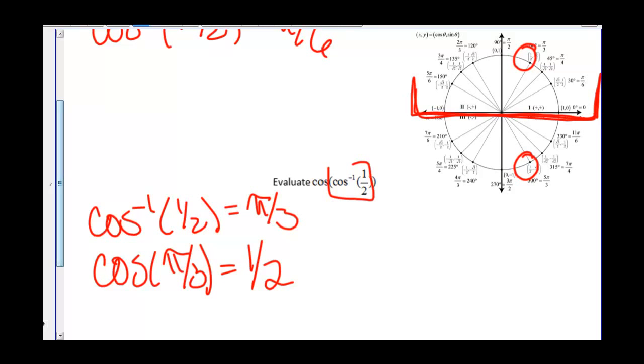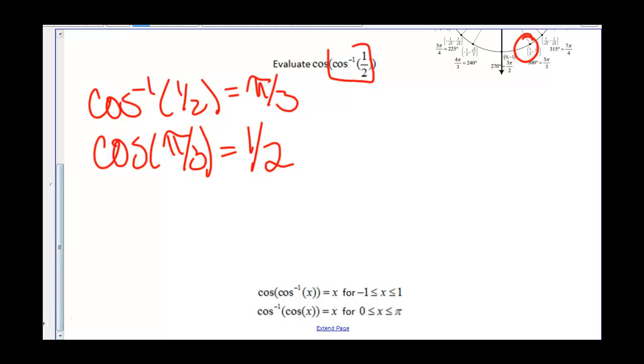Alright, so this leads us to the cancellation that if we have cosine of inverse cosine of x, that will equal x if x is between -1 and 1. And the inverse cosine of cosine of x will equal x for x between 0 and pi.